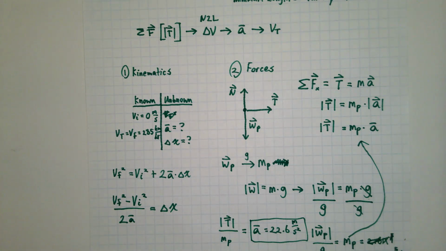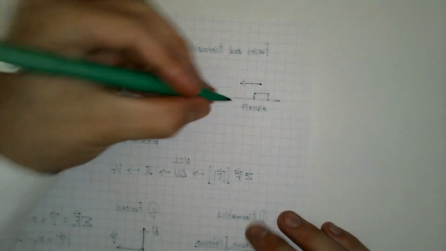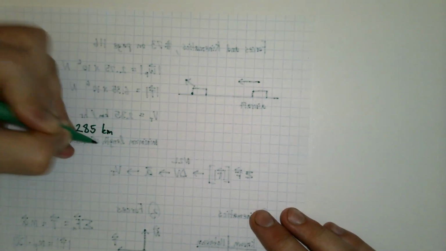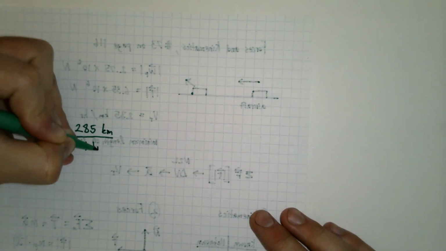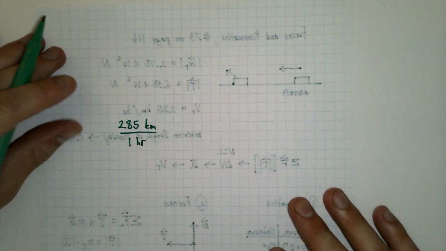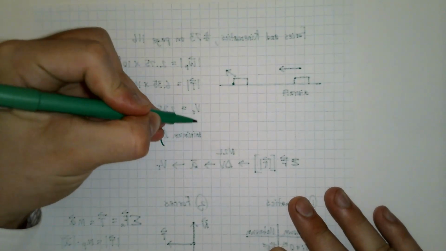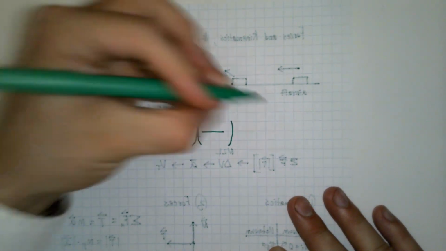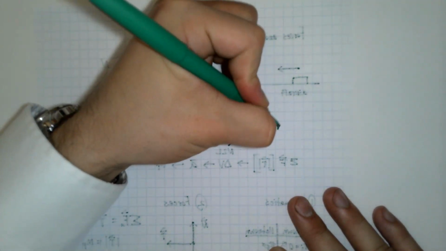It's going to be easier for us to simply make one change from 285 kilometers in 1 hour, to convert that using 2 conversion factors into meters per second. Right? We need to get into meters per second.